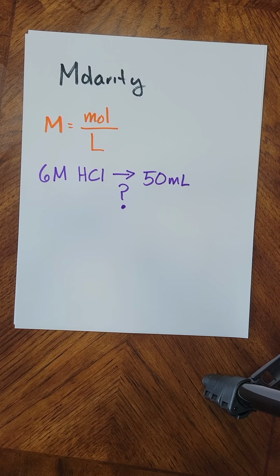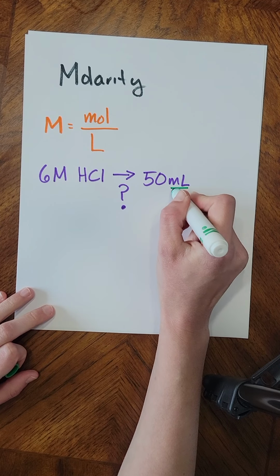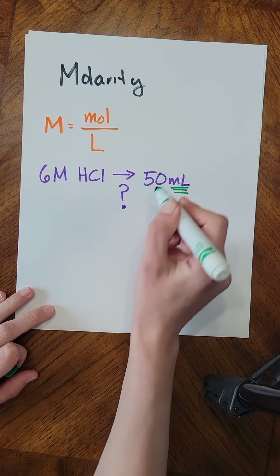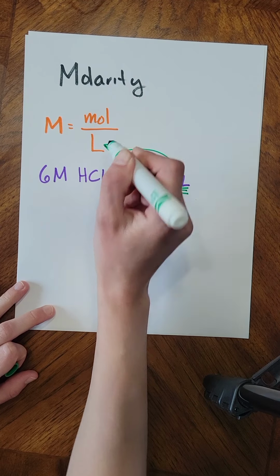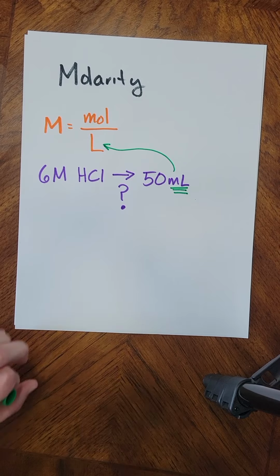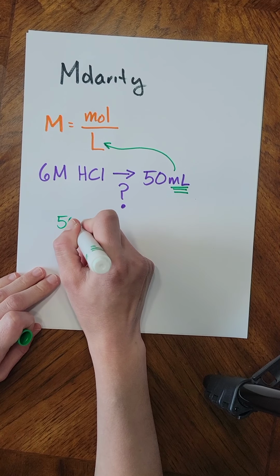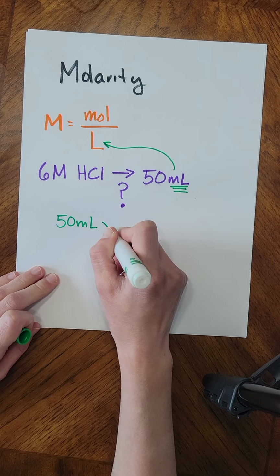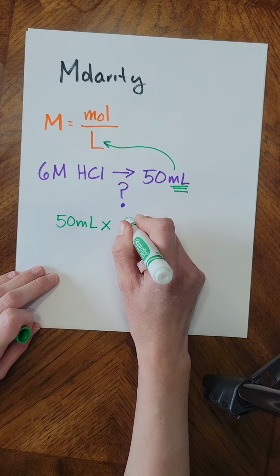So the first thing that we need to see is that our volume here is in milliliters, but molarity is always in liters. So that's something that we're going to need to take care of. So 50 milliliters, and there's different ways to do this.